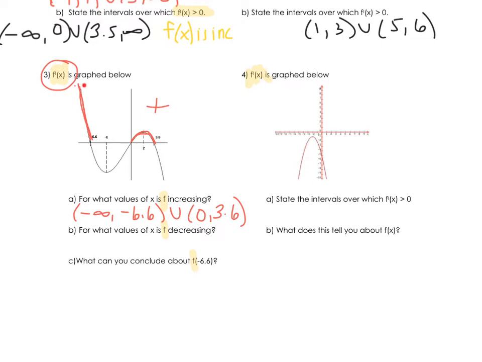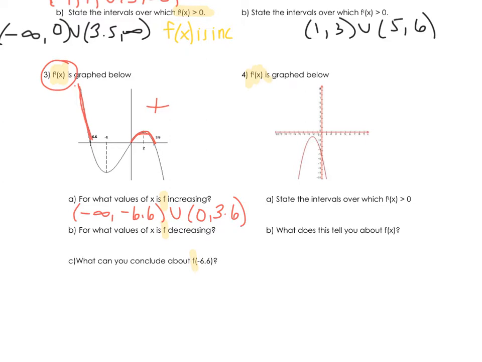Here we go. Okay, it's red, but knowing that the derivative is positive means that the slopes on the original are positive numbers here. Then the slope is 0, and then the slopes are negative numbers. Then the slope is 0, then the slopes are positive numbers. Then the slope is 0 again, then the slopes are negative numbers.